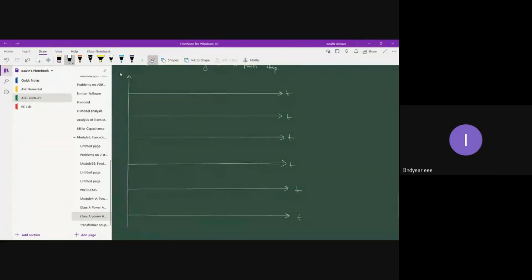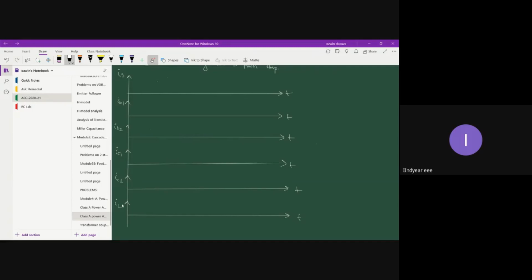Initially, let me start with the source signal, and then let me draw the base current 1, IB1, followed by IB2, and then IC1, then IC2, and finally the load current IL.